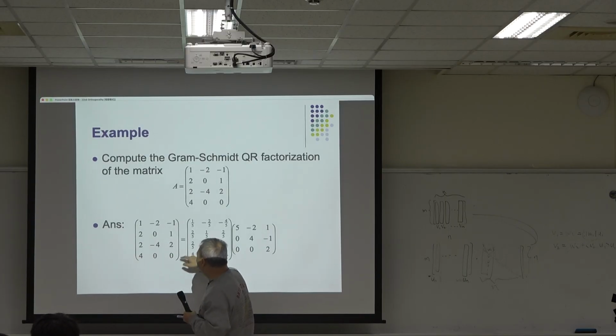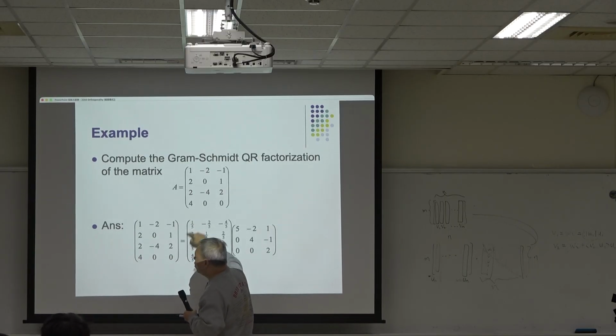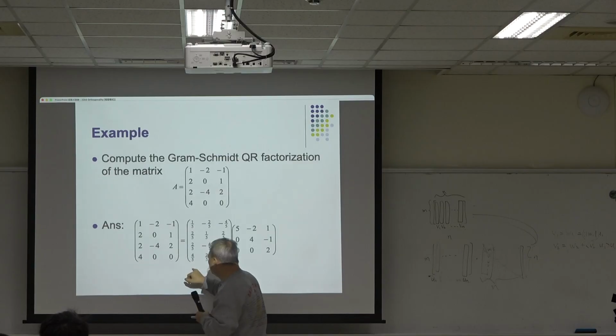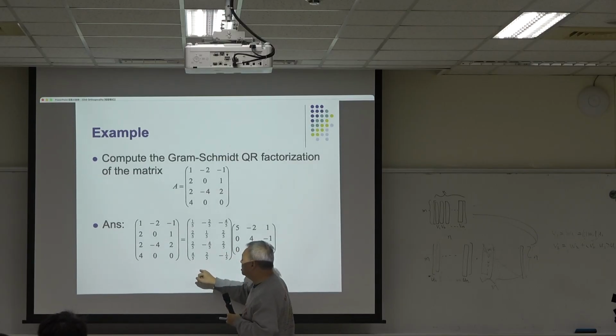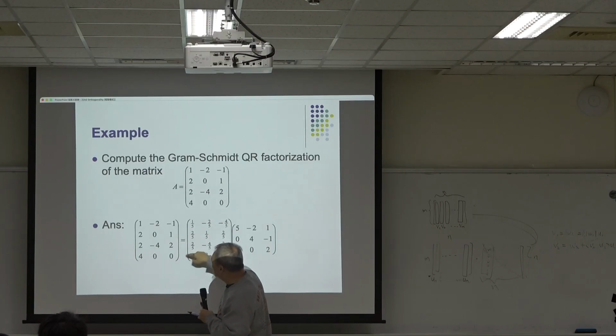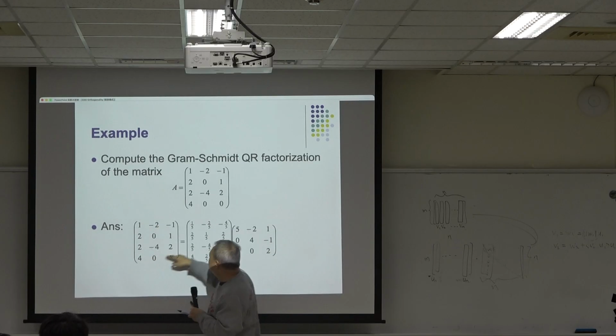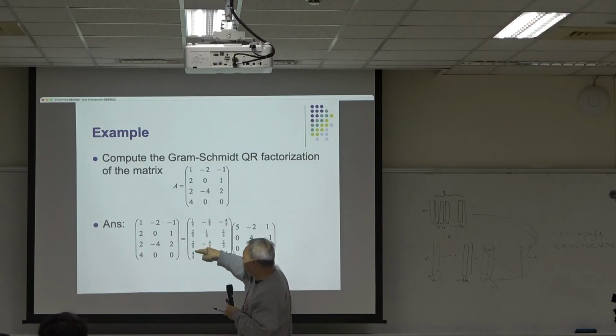So the first one you get is this one. Why? Because this is U, this is B1, B2, B3. This is U1. You will see that obviously this is 1, 2, 2, 4, right? 1, 2, 2, 4. So you just divide this by 5.